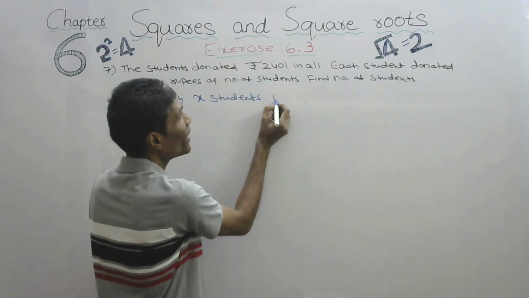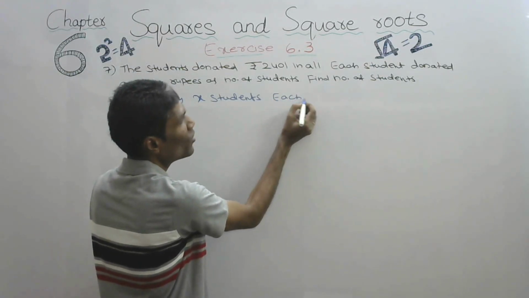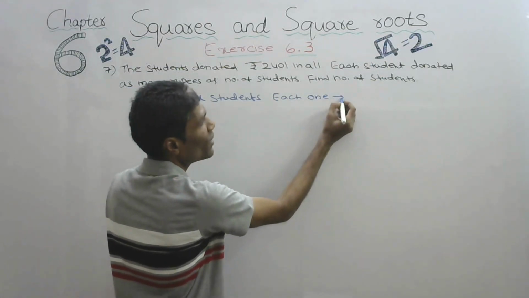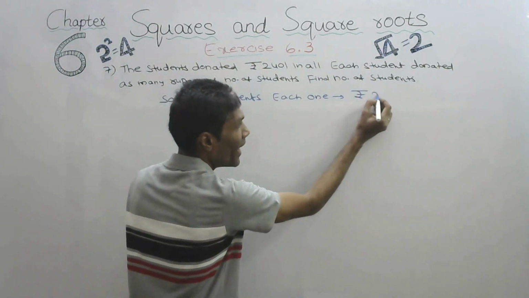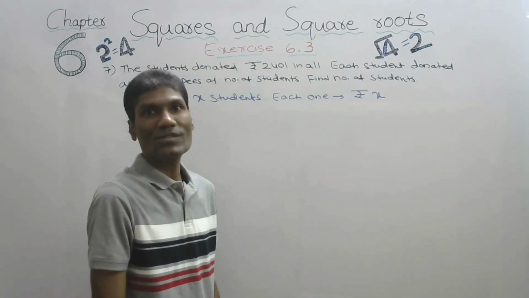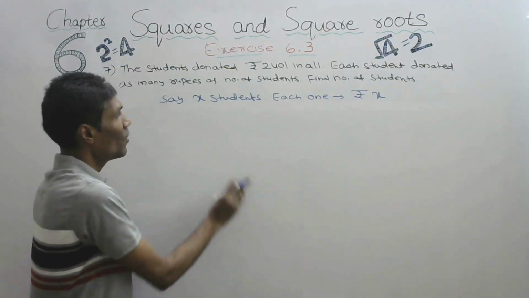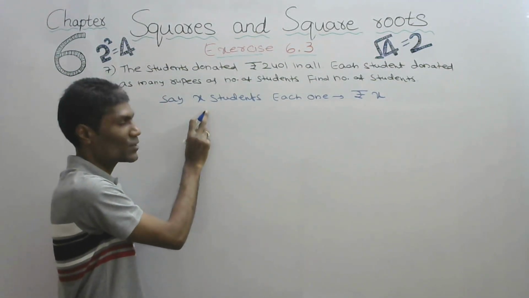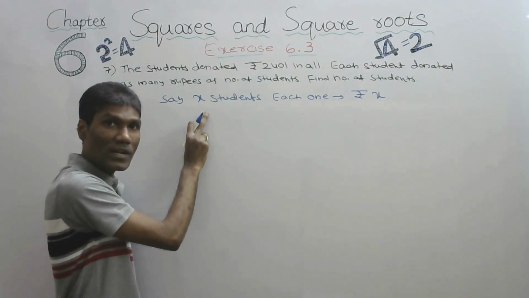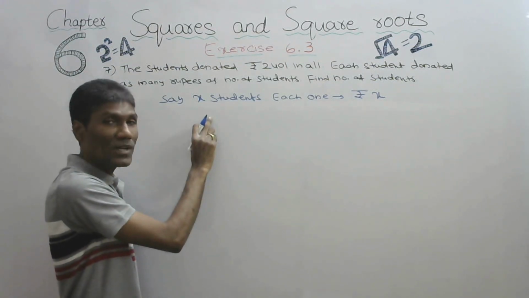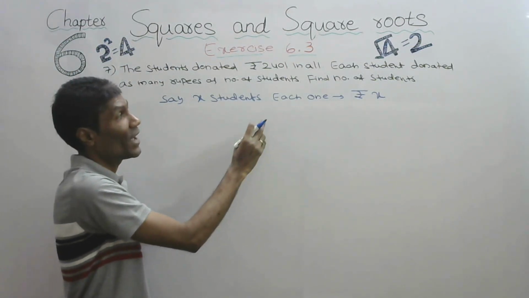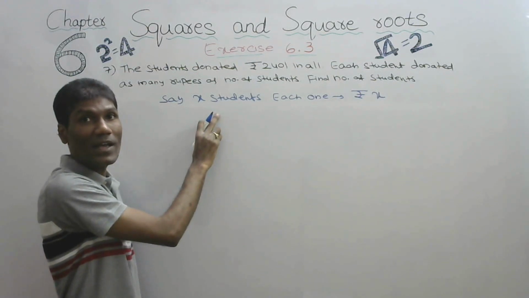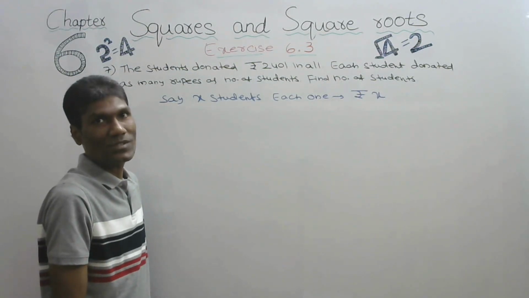So each one donated X. Now one student has donated X rupees. Two students donated 2x. 3 students donated 3x. X students donated X into X.